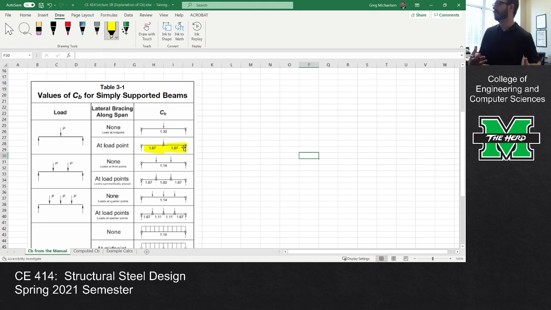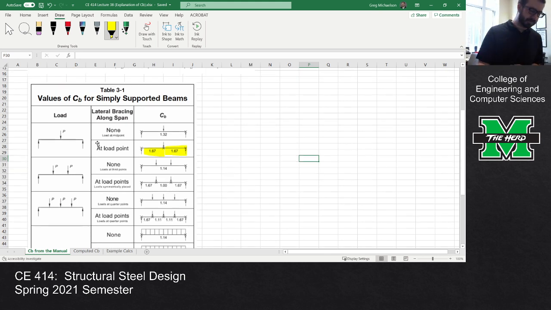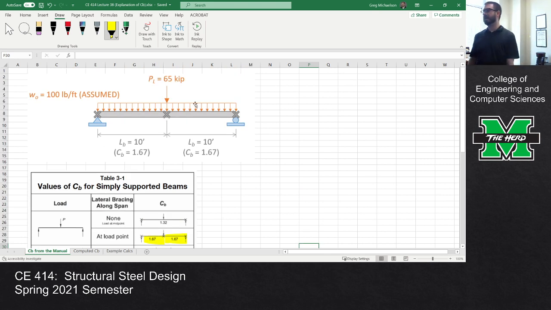I'm basically choosing to ignore the distributed load when I'm computing CB. The reason why is the magnitudes. Just take a look at the magnitudes. Think about this critically. The beam has 65,000 pounds at midspan, right? And the only dead load it's holding up is its self-weight.